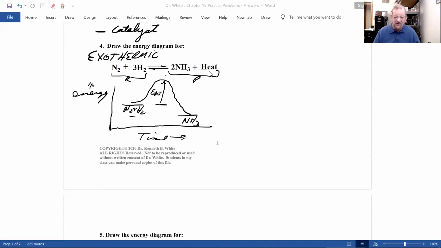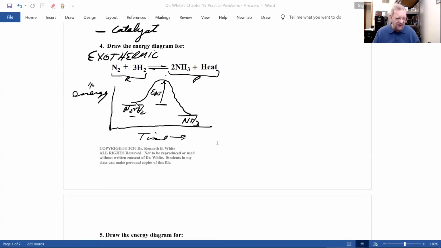That's what it means when it's on this side. So you're going to have less energy for the ammonia alone than the nitrogen hydrogen, because the energy on the reactants on the left and the products on the right total are always equal. But some of that energy on the product side is lost as heat. So that's why ammonia has less energy.